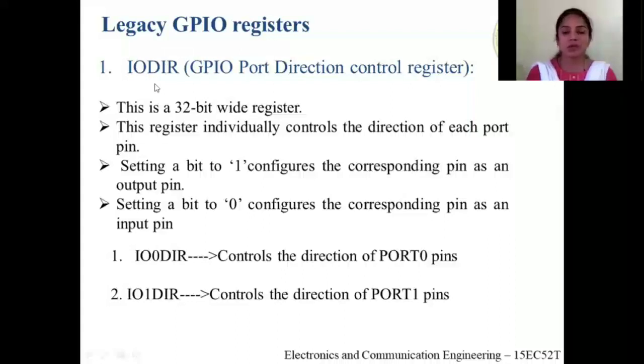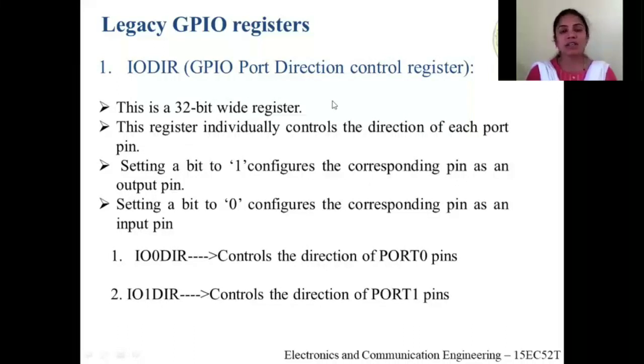In LPC2148, we have two ports, that is port 0 and port 1. Therefore, there are two IODIR registers to control both port 0 and port 1. Here IO0DIR controls the direction of port 0 pins and IO1DIR controls the direction of port 1 pins. So IODIR is used to control the direction of port pins.